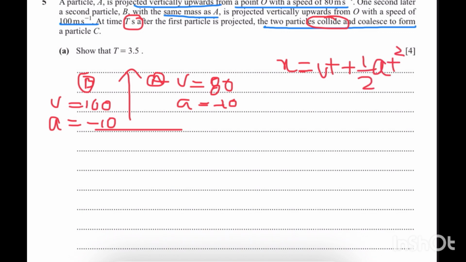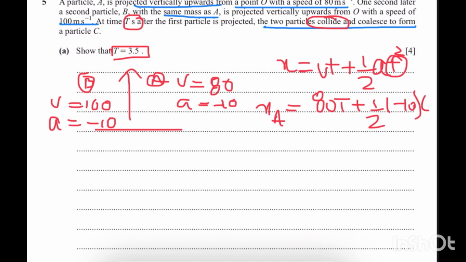Now in this equation, t will be the time at which they collide, which will also be the time at which they both have covered the same distance. So for particle A, the initial speed was 80, so this will be 80t plus half times -10 t squared.